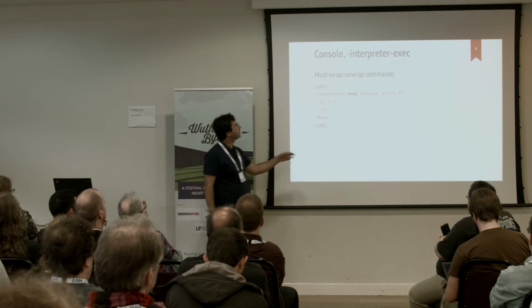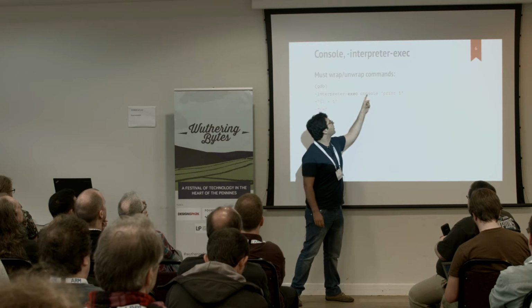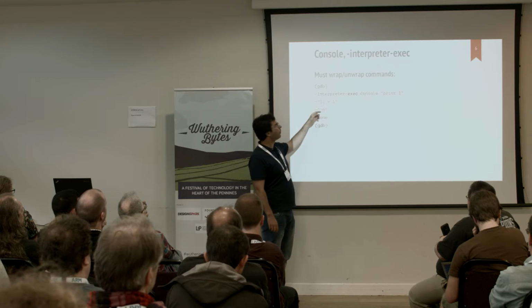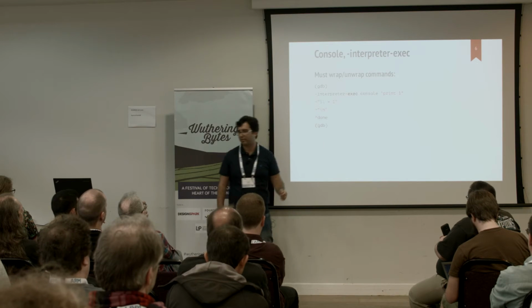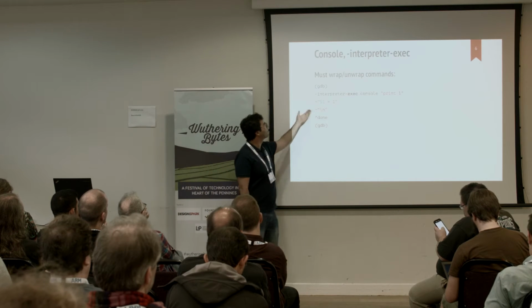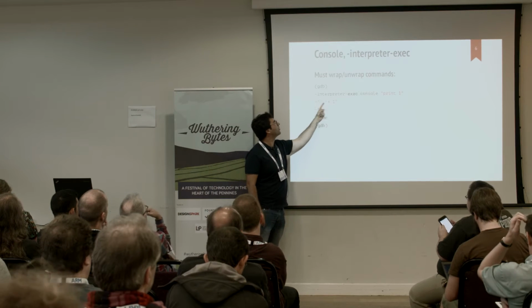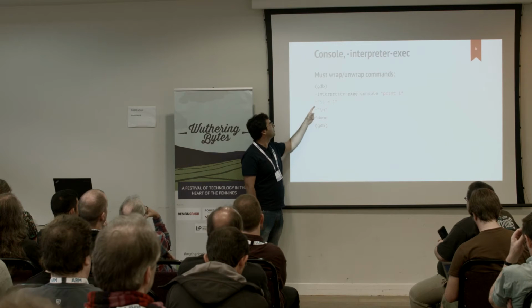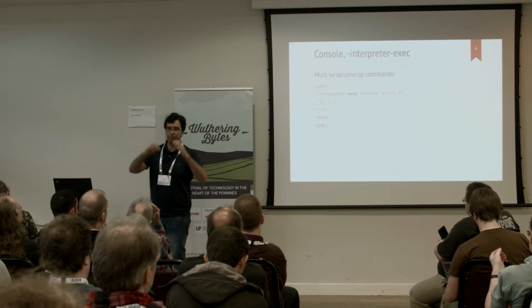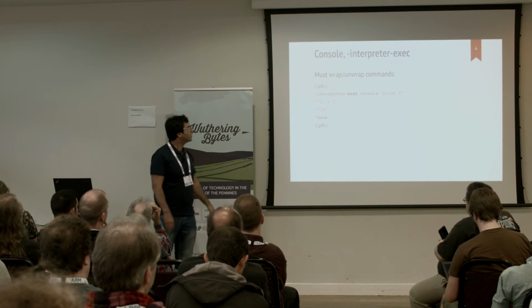GDB then knows this is a console command, interprets it normally, and then dumps the output, but wrapped in some kind of parsable tokens so that the front end knows, okay, this is the response, this is standard output, this tilde means it's standard output. So the front end needs to parse this and then display it in the console widget.